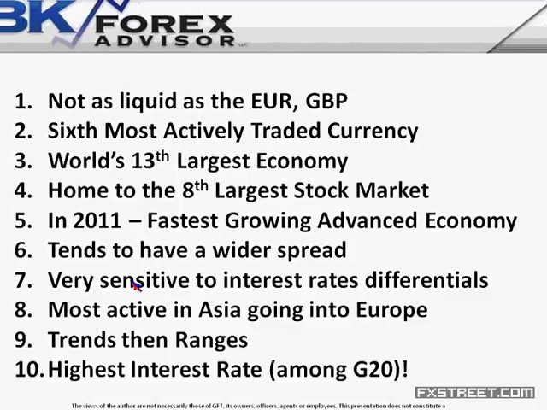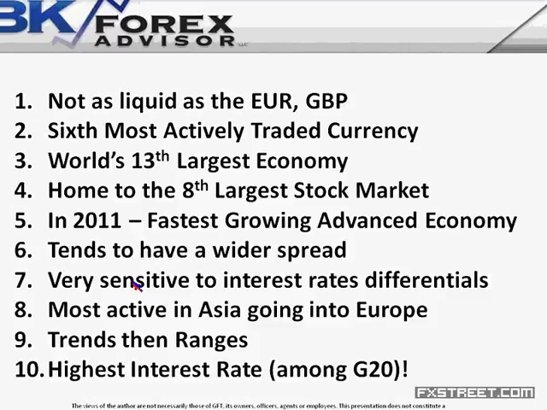So that's an important fact to remember, which is that despite what the Reserve Bank may do over the next month, over the next few months, Australia still offers a relatively high interest rate, and so that could temper any major decline in the Aussie dollar.